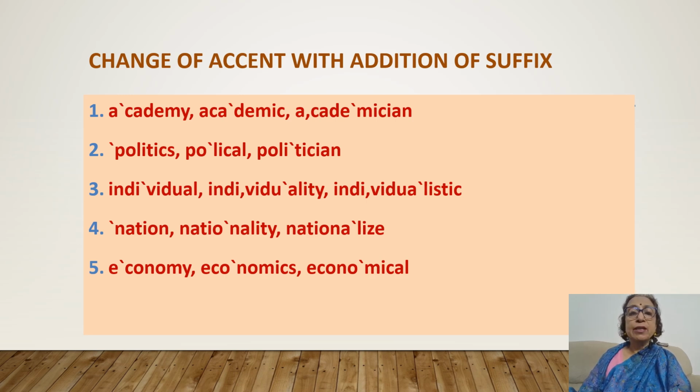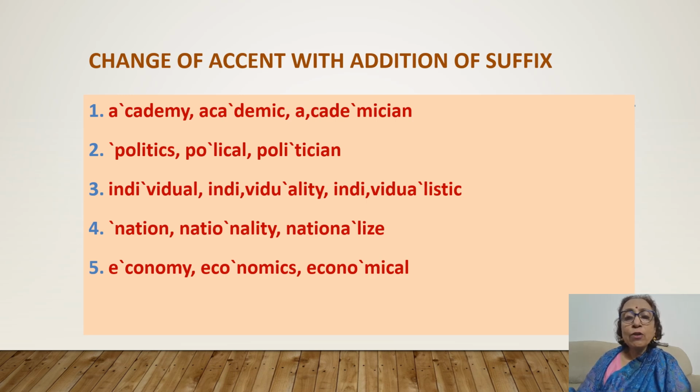So you have academy. Kad is stressed. That is the noun form. Now we made it into an adjective by adding IC. So we say academic. We don't put stress in the second syllable. We put it in the third syllable.